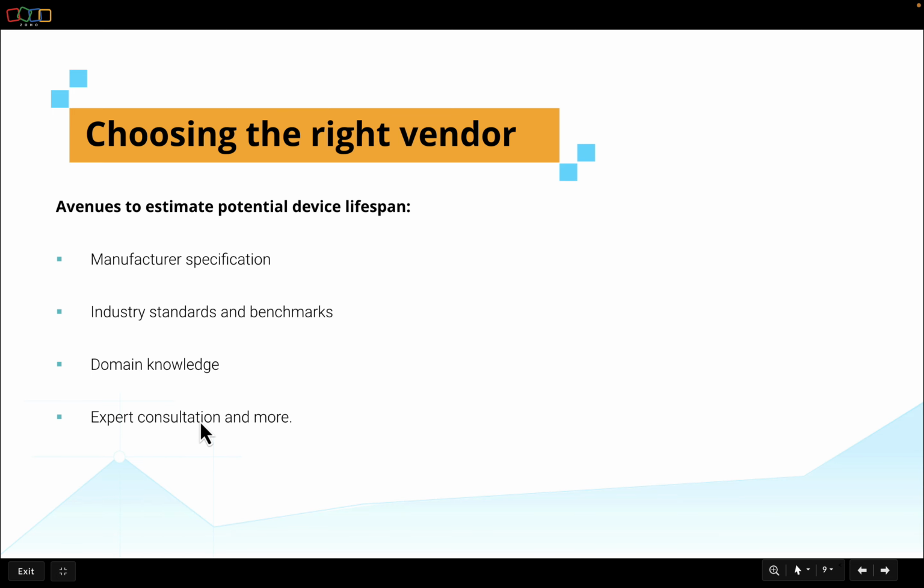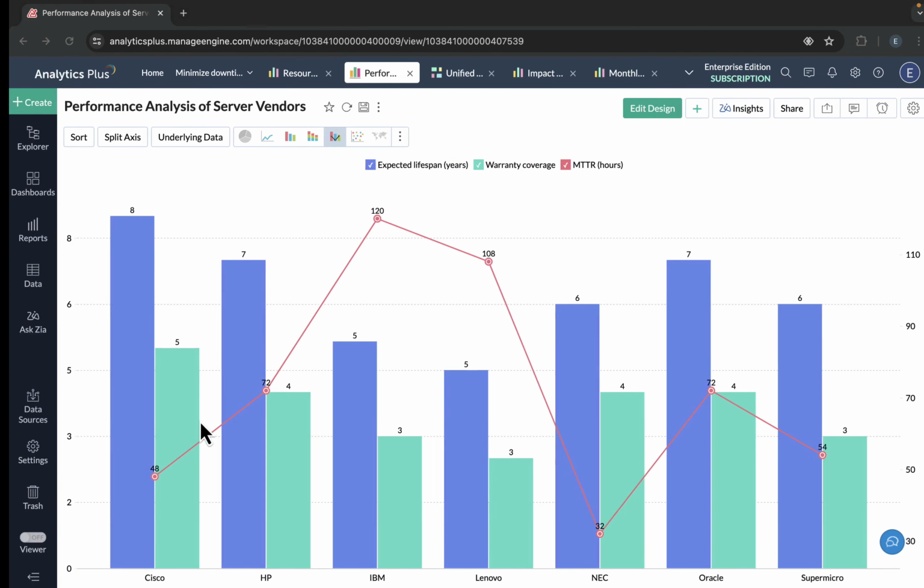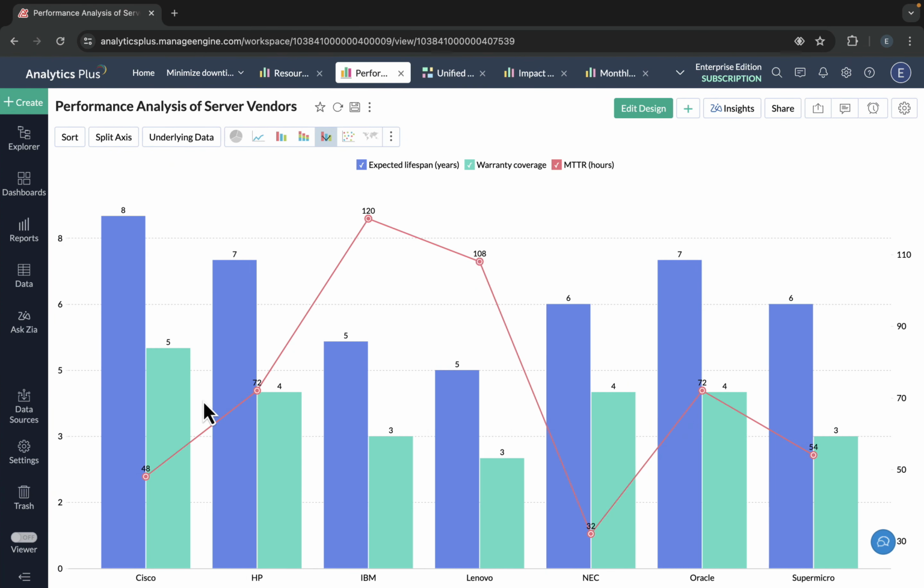Now let's switch back to the analysis. Assets with comprehensive warranty coverage and extended support options are better equipped to address potential issues promptly, reducing downtime. It is therefore a good practice to prioritize vendors or products with longer warranty periods and comprehensive coverage options, ensuring reduced financial impact in case of critical failures.